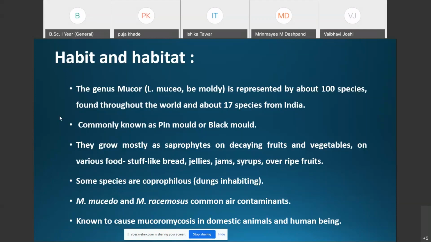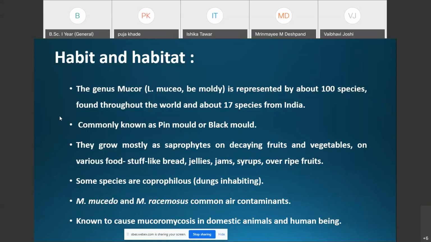After 2 to 3 days, if you observe that container, you will see the formation of a white cottony or woolly growth on that slice of bread. That white cottony or woolly growth is nothing but Mucor.